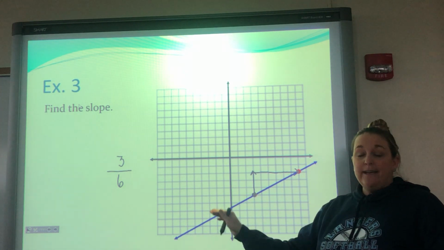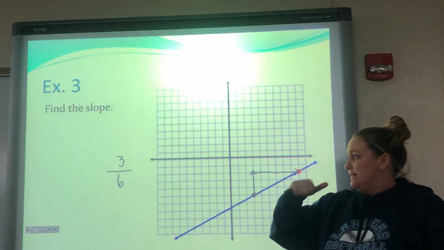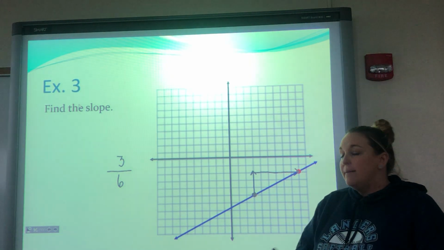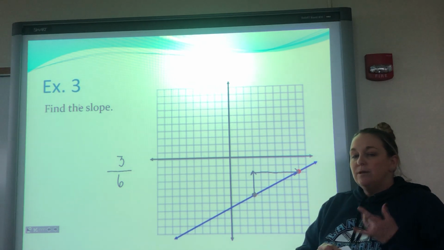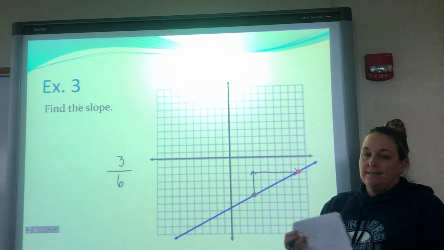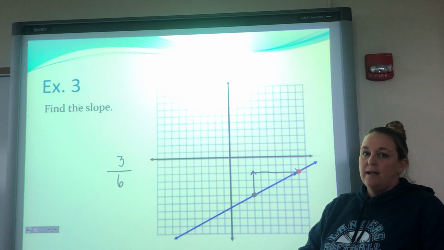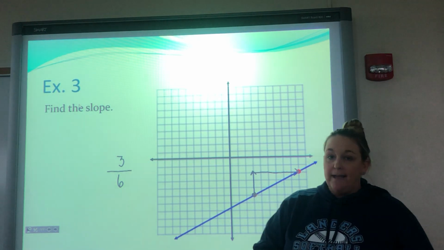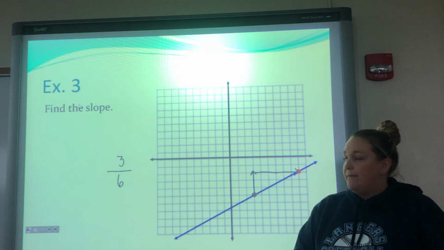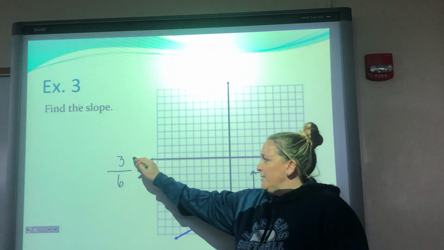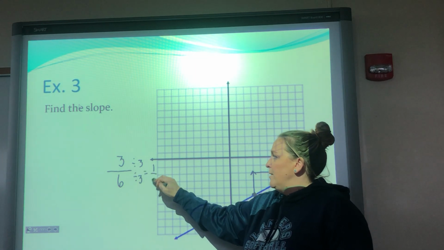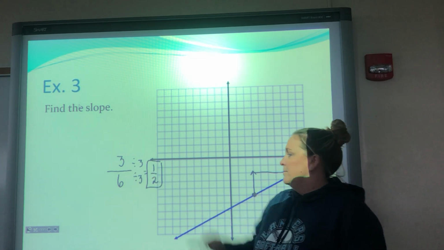So if this was your final answer, you're kind of at a sideways, because this can be reduced. So think about the numbers. What's a number that goes into 3 and 6? And if you need to, maybe look up a multiplication chart online. I know a lot of you probably don't have that at home with you, but a 3 will go into both of these, and we're left with 1 over 2.